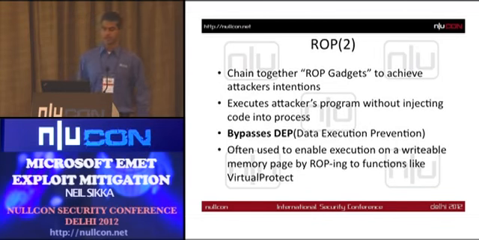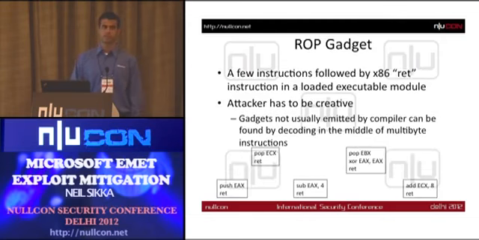ROP is a very commonly used technique because it bypasses DEP, data execution prevention, which is one of the mitigations that we introduced, because it technically does not execute read-only pages, but it's able to put the control data there. Oftentimes ROP is used to ROP to functions like VirtualProtect, which basically sets page permissions.